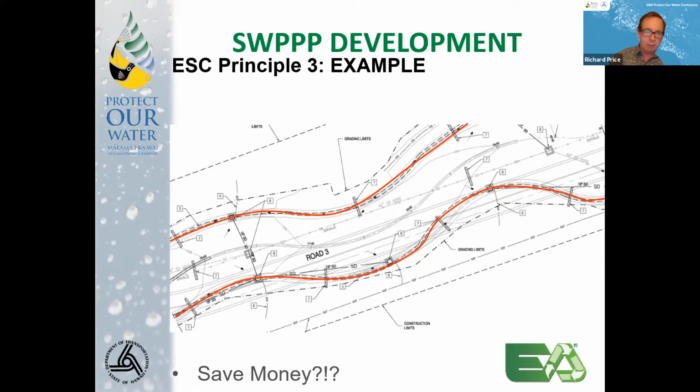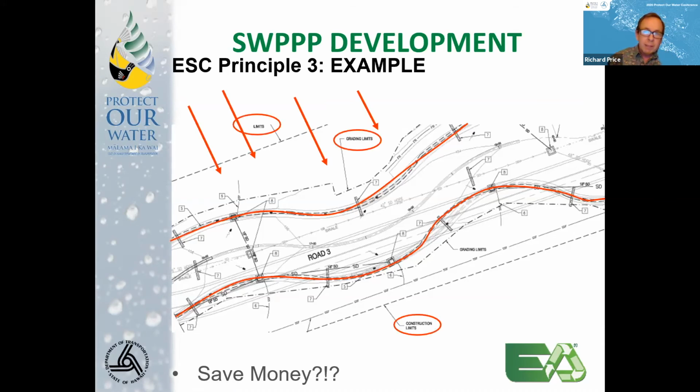And this all looks fine until you, and again, the way the project is drawn, you can't really see this, but until you draw back and look at it, there's a huge hill above the project, and there are several acres of land draining down into the project. And so you have water flowing down into the project, and you can see this upper dashed line is the limits of construction.